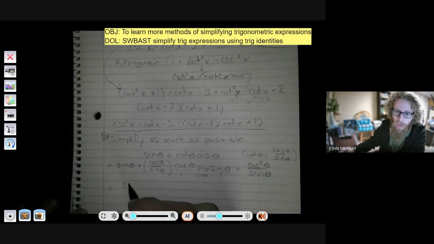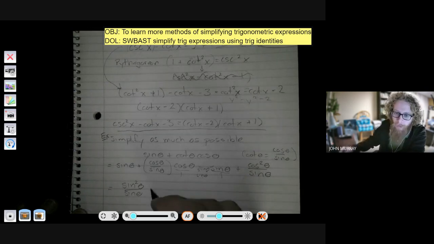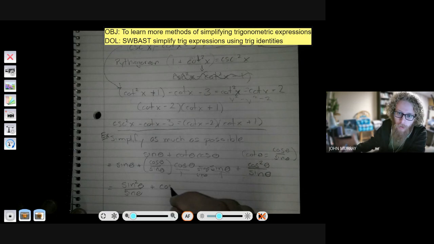So sine times sine gives me sine squared over sine times 1, which is sine. And here, I didn't do anything to this, so I'm just going to rewrite this cosine squared over sine.